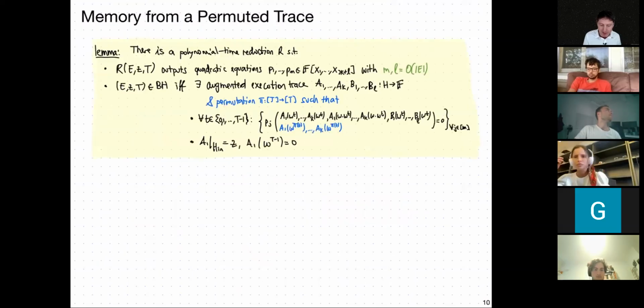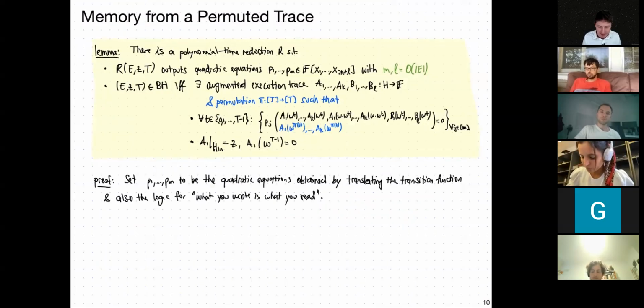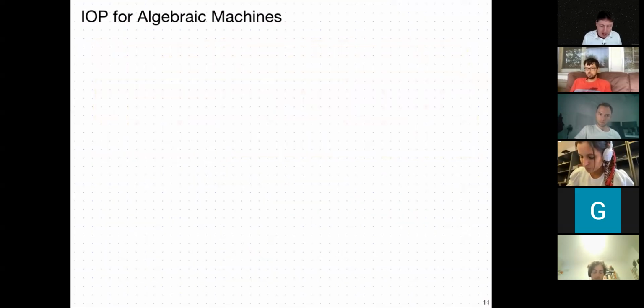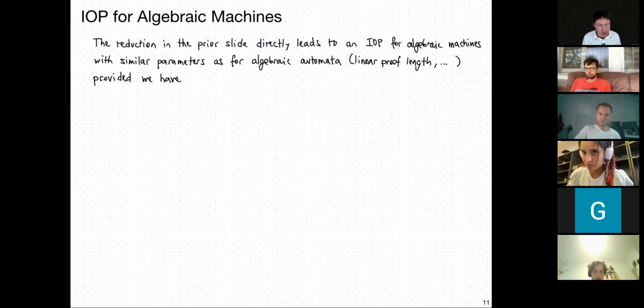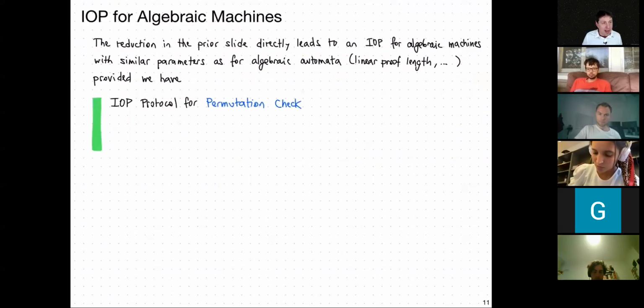So we have this new problem that we want to probabilistically check. And we're basically done, in the sense that the way we're going to construct an IOP for algebraic machines is that we use the same one for algebraic automata, but we have to design a new subroutine, which is an IOP protocol for a permutation check, right?